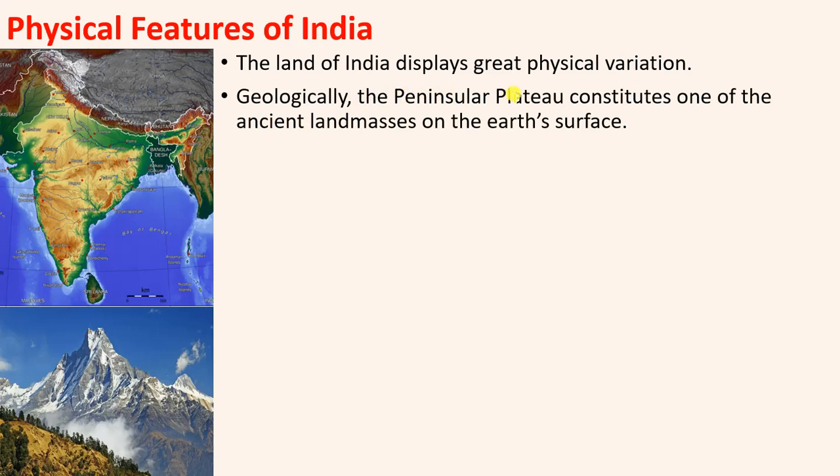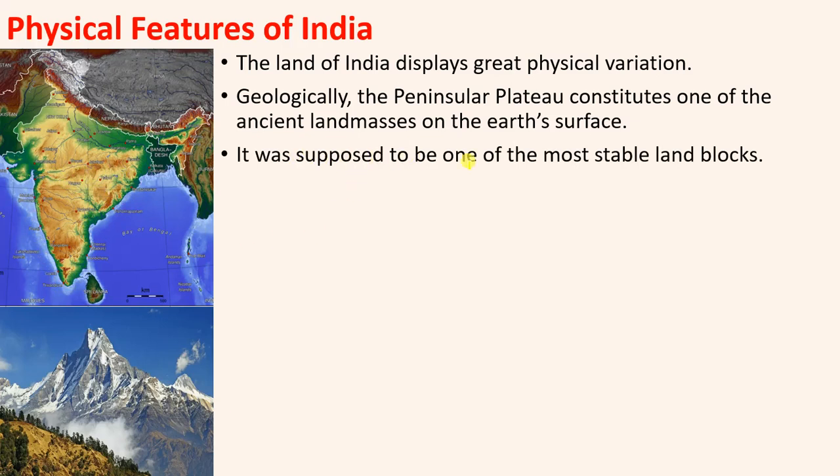Geologically, the Peninsular Plateau constitutes one of the ancient landmasses of the Earth's surface. This Peninsular Plateau of India is known as part of the oldest landmass, that was the Gondwana land.